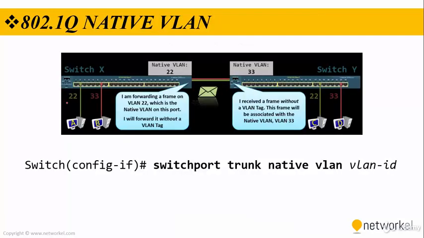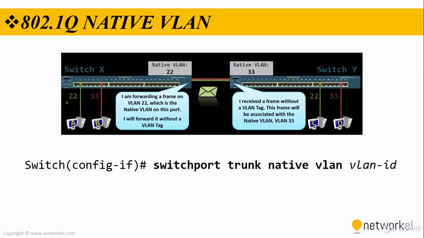Let's take a look at the .1Q native VLAN concept. Normally, a trunk port can send and receive .1Q VLAN tagged Ethernet frames. If the switch receives an untagged frame from the trunk port, these frames are forwarded to the VLAN configured as the native VLAN.